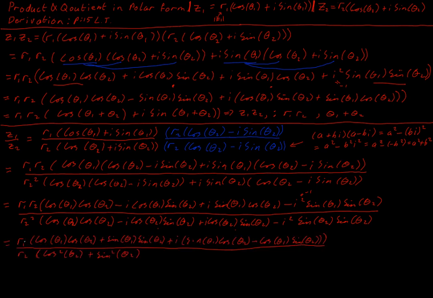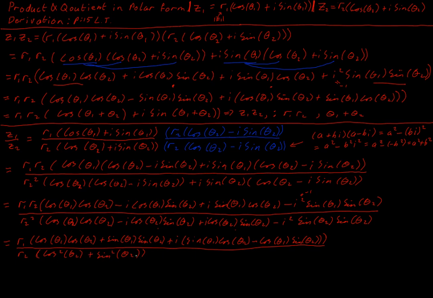Now, having taken out my common factor of r2, top and bottom, I have gathered my real and my imaginary on the top, and I have gathered my cos theta 2 squared, sine theta 2 squared on the bottom line. And I know that cos squared plus sine squared of any angle is just going to be equal to 1. This is one of my key identities that I know in trigonometry.